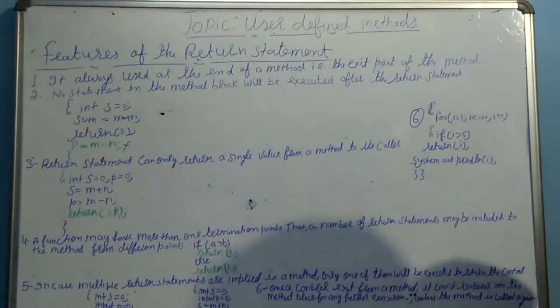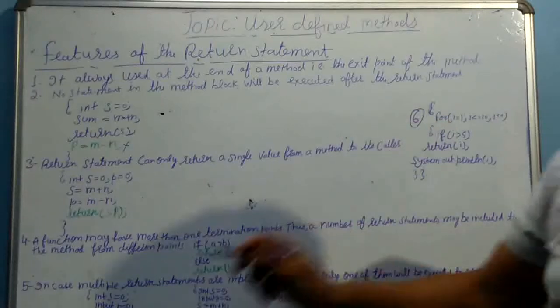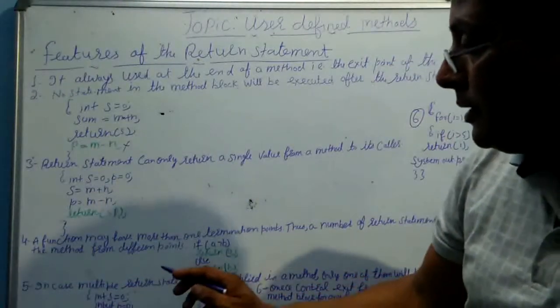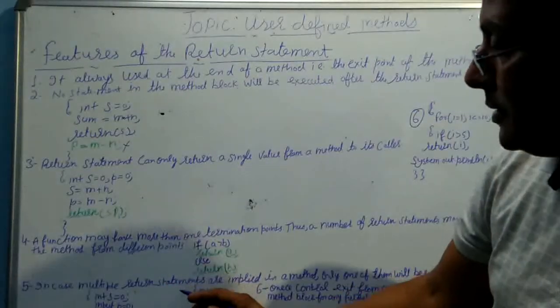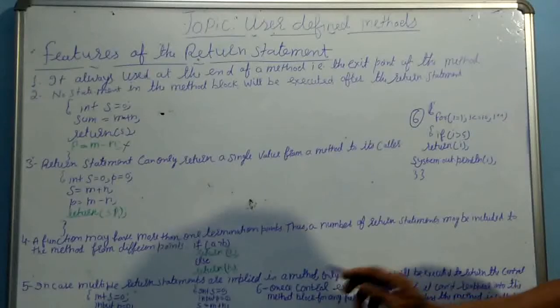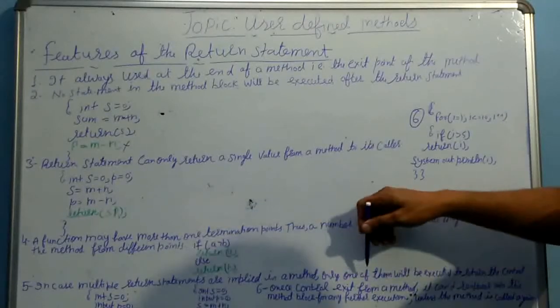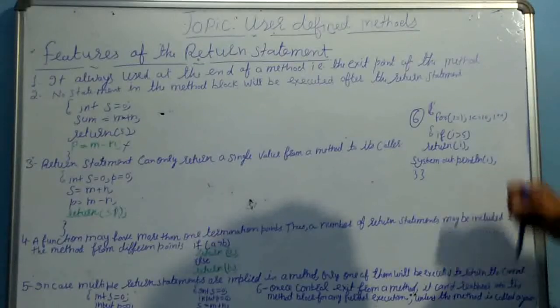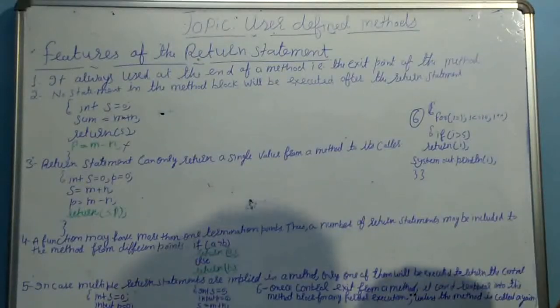And next, the fifth feature of the return statement: in case multiple return statements are included in a method, only one of them will be executed to return the control.